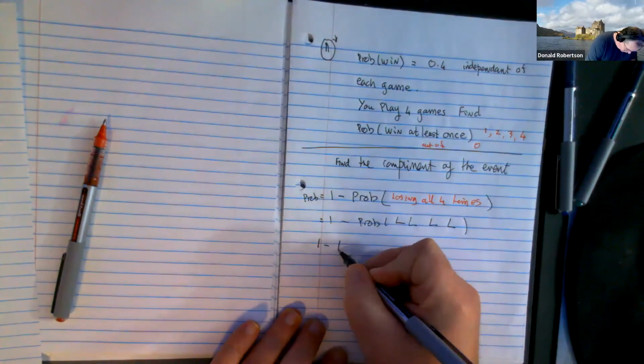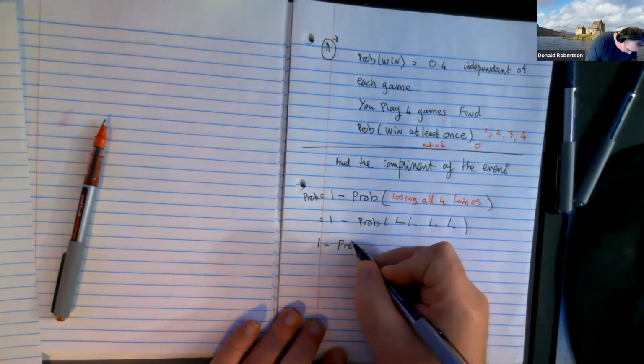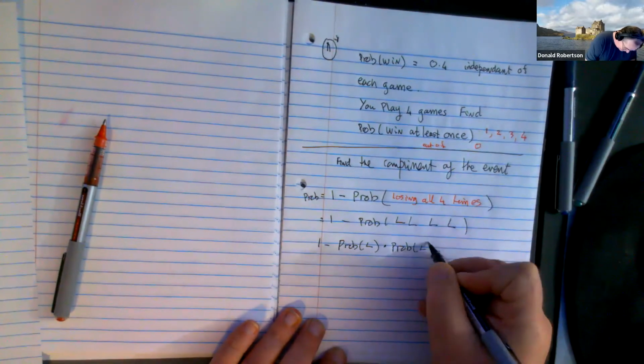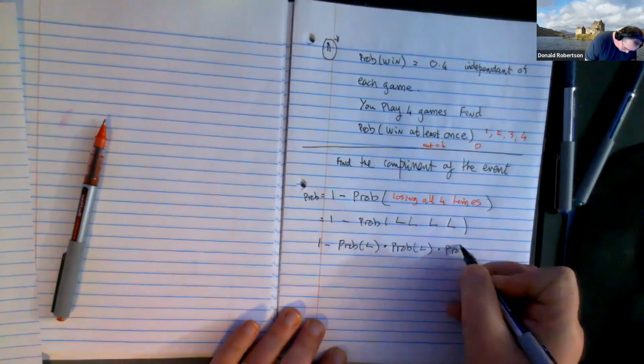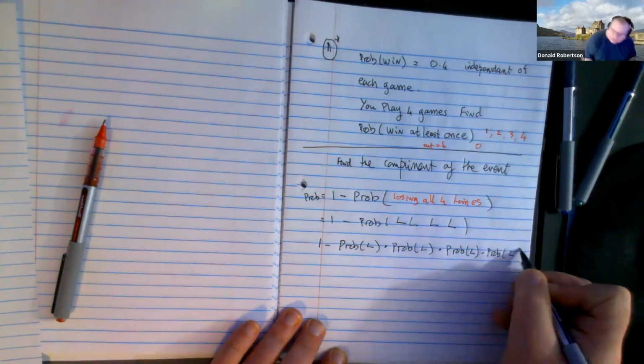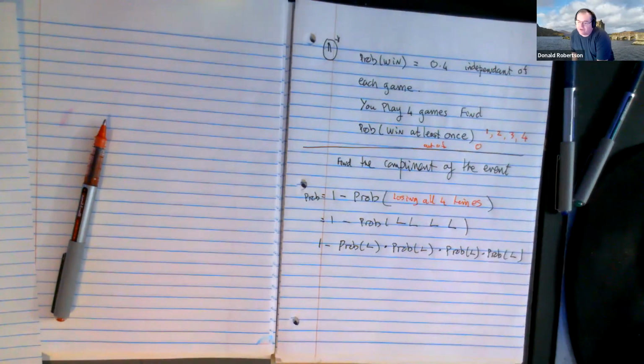And we know that you can do this by just multiplying the probability that you lose together 4 times. Remember that? If you do 4 events and they're independent, you can just multiply them. Now, there's only one number missing here. What is the probability that you lose?